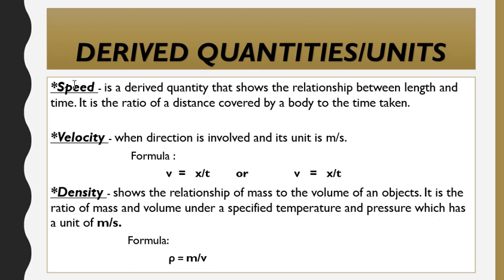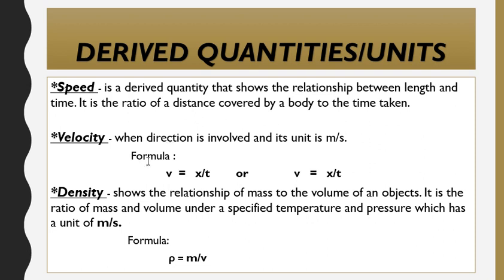What results is what we call speed. So speed is a derived quantity. Now, another one is velocity. If speed has a direction, and its unit is meter per second, that is what we call velocity. Therefore, velocity is also a derived quantity or unit because it talks about the relationship between length, time, and direction.